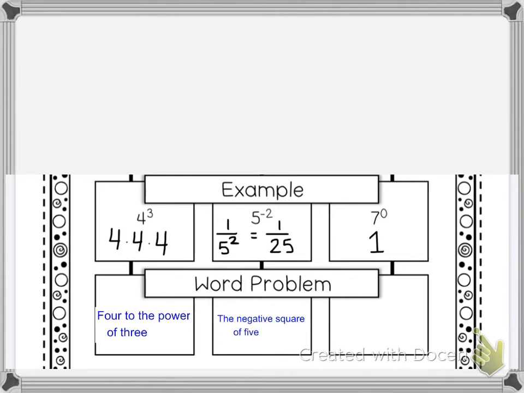Whenever I have an exponent of 2, you could say it's squared, and it's negative. And last, when my exponent is 0, I can say 7 raised to the power of 0. We said in our definition that an exponent is also called a power, so they mean the exact same thing.